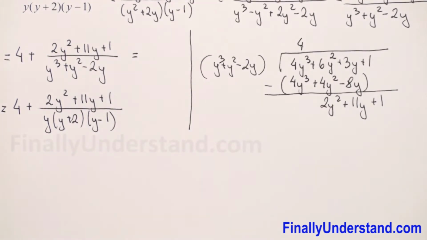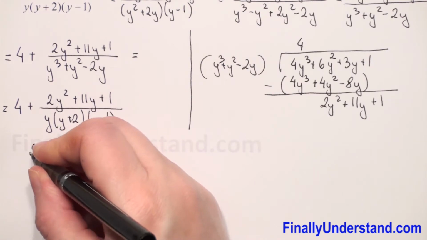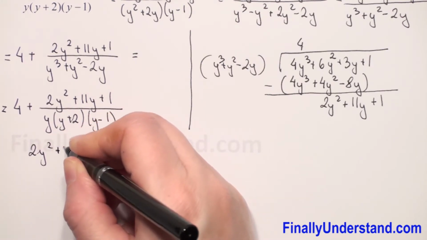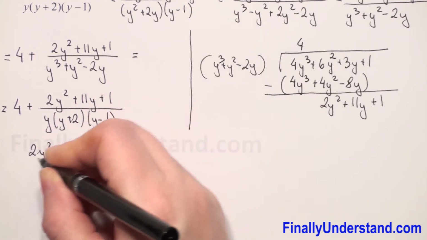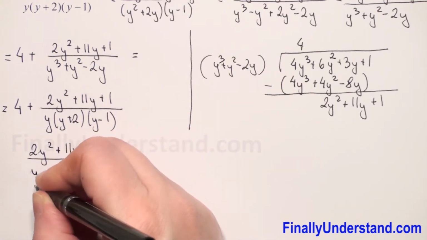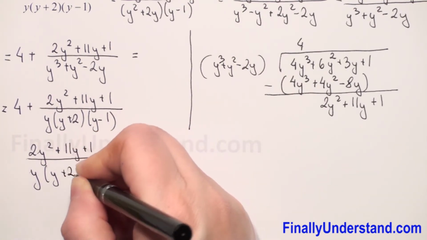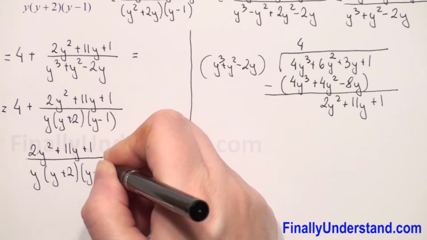So now let me copy our rational fraction, which we have to rewrite as a sum of partial fractions. We have 2y squared plus 11y plus 1 over y times y plus 2 times y minus 1.